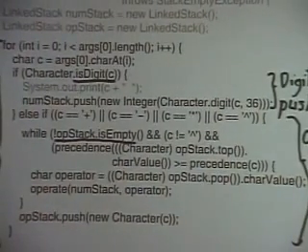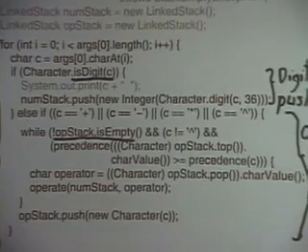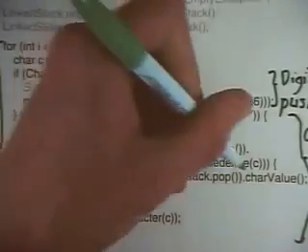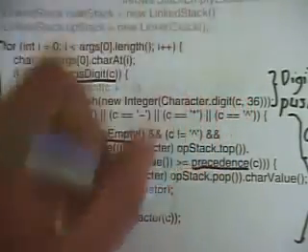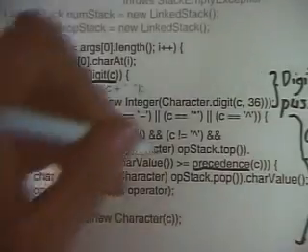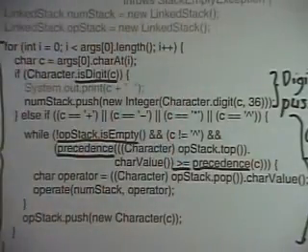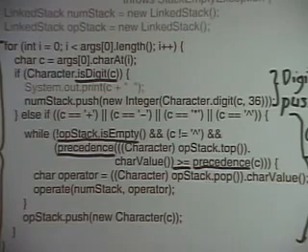And we're going to compare the precedence of whatever's on the stack with the operator we're looking at now. And so that's what this code is. This looks at the precedence of the operator on top of the stack, the precedence of the new character that we've just read in from the input, and asks, does the one on the stack have greater precedence? And if it does, it's time to take that character on the stack and pop it off and print it to the output.